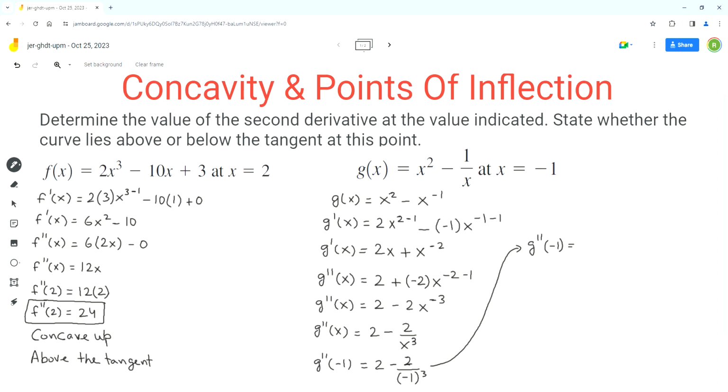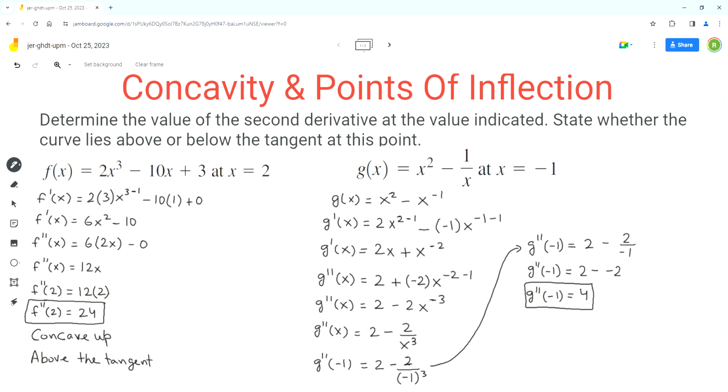So -1 cubed is equal to -1, and 2 over -1 is equal to -2. And minus -2 will become +2, which is equal to 4. So this is the final answer for the first part, the value of the second derivative.